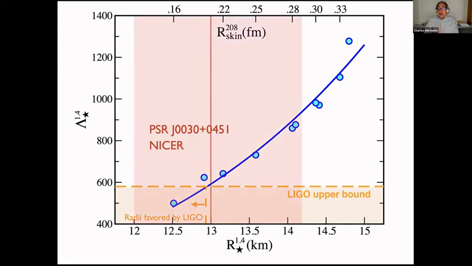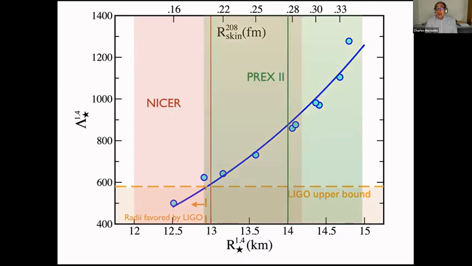We can add NICER results to this figure, and I just plot one of the two groups for simplicity. This is for J0030, the pulsar near 1.4 solar masses. And then finally, here's the PREX-2 result for the skin of lead.